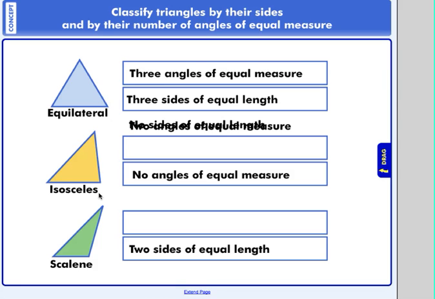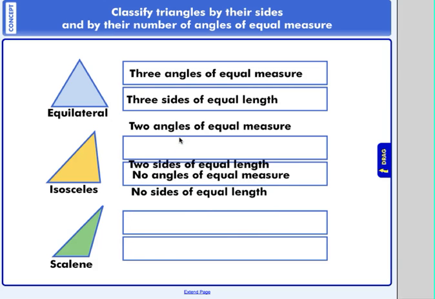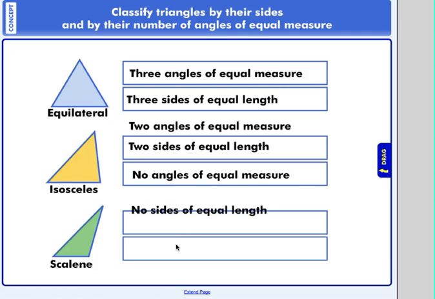Now our isosceles triangle, remember, was the one that had 2 sides the same. The scalene says no sides of equal length. So what we need to do is put 2 sides of equal length by the isosceles, and the scalene has no sides of equal length.